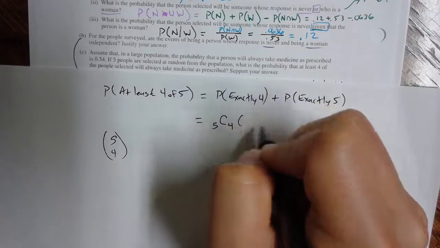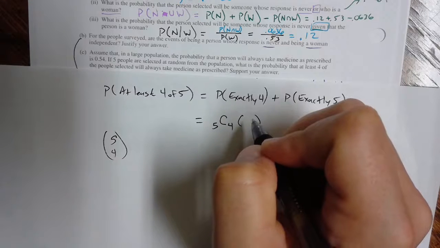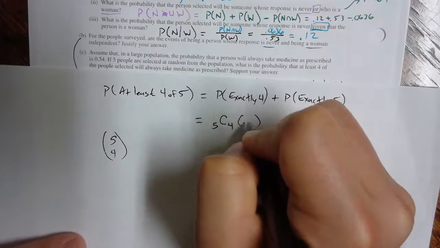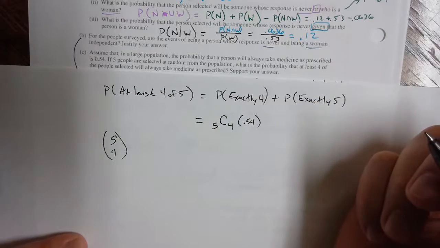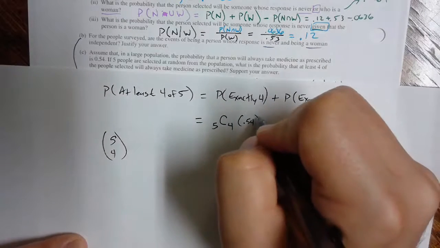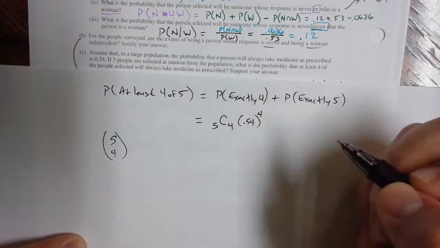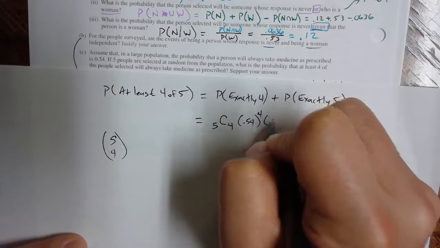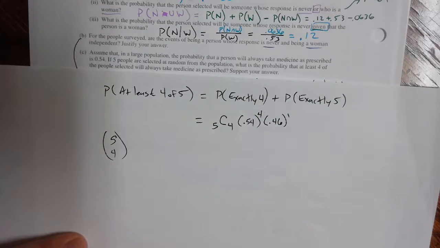Then we also need to calculate the probability of success. So in this case, 54% was the probability that a single person always takes their medication. And that's going to be to the 4th power. So you have 4 people that have success here. And we also have the 1 person, 46%, who will not always take their medication as prescribed.